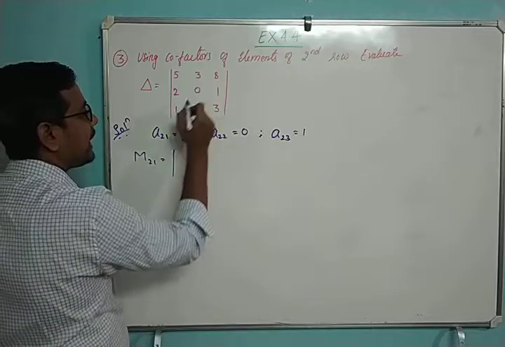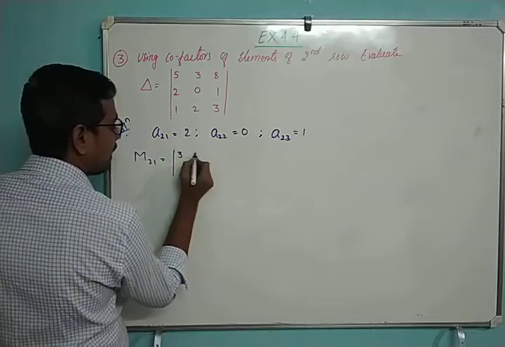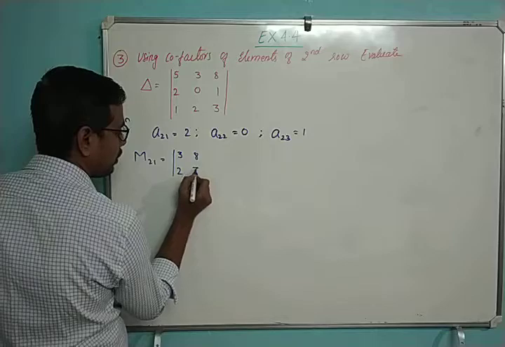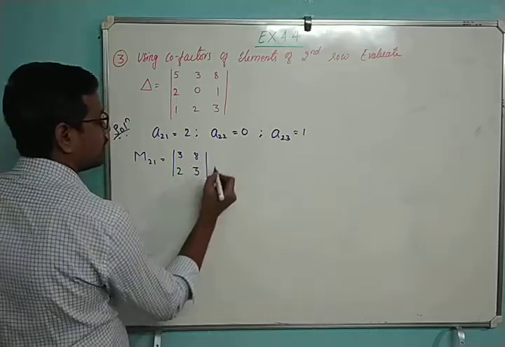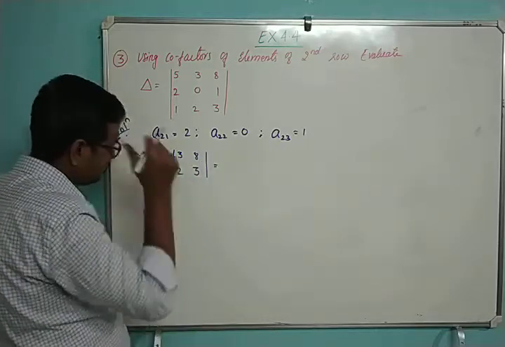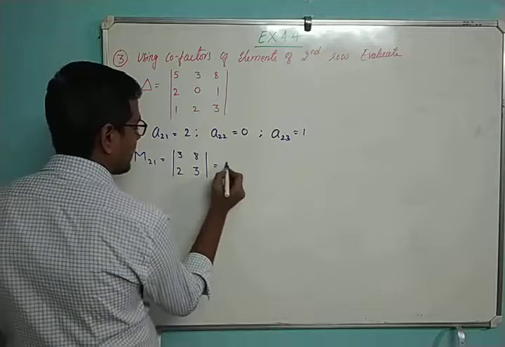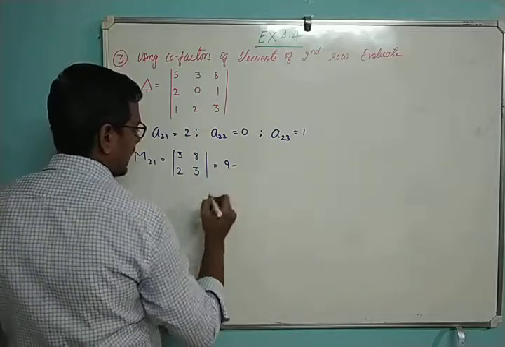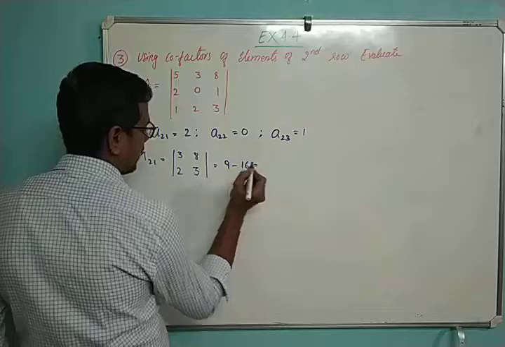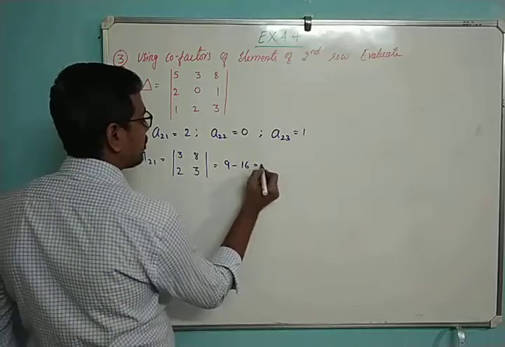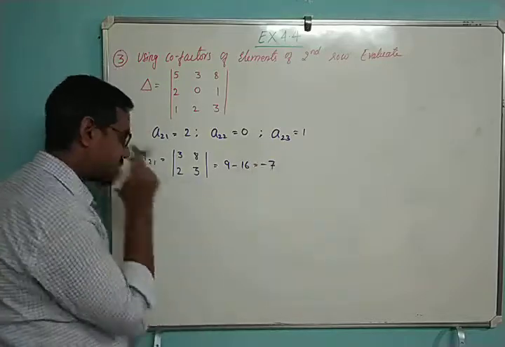What is there is 3, 8, 2, 3. So 3 into 3 is 9, minus 16, which is minus 7.